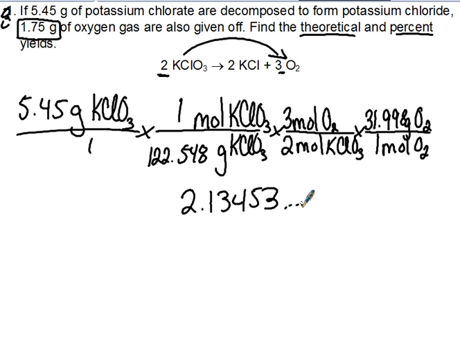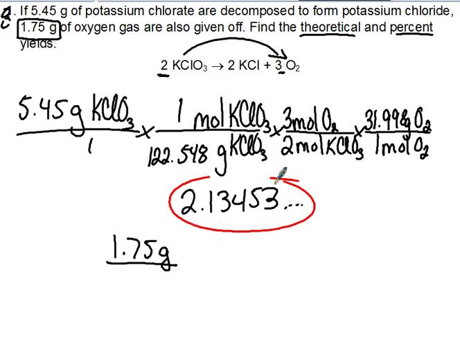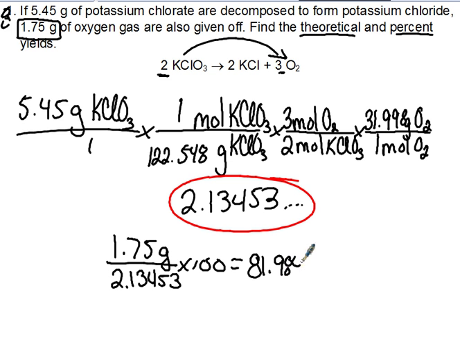grams. We are told that 1.75 grams was actually produced, so that's our actual. Our theoretical is this number right here. Multiply all that times 100, and you get 81.9849.